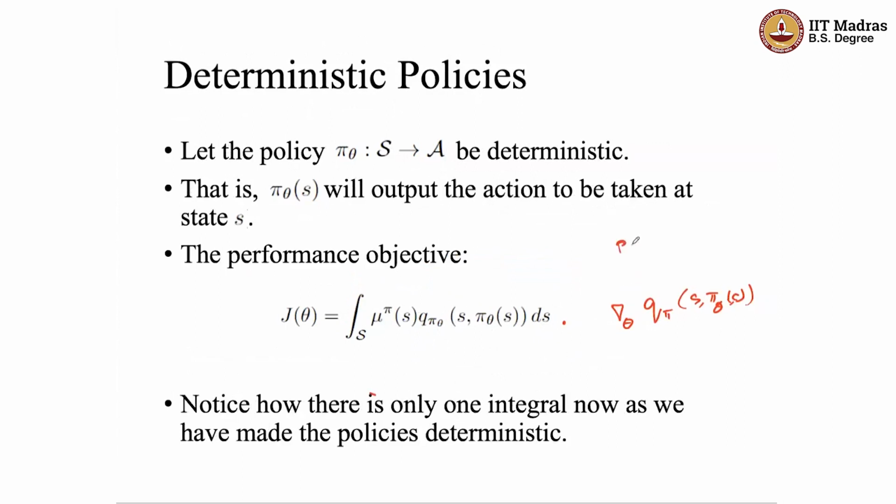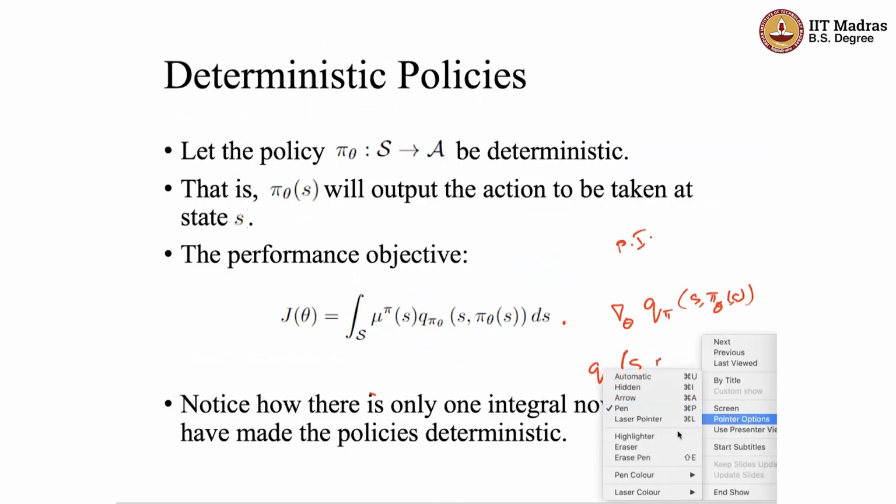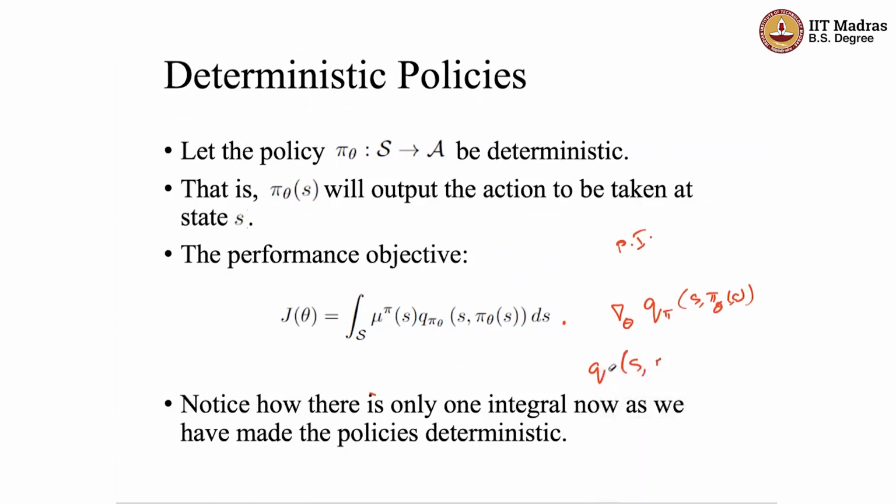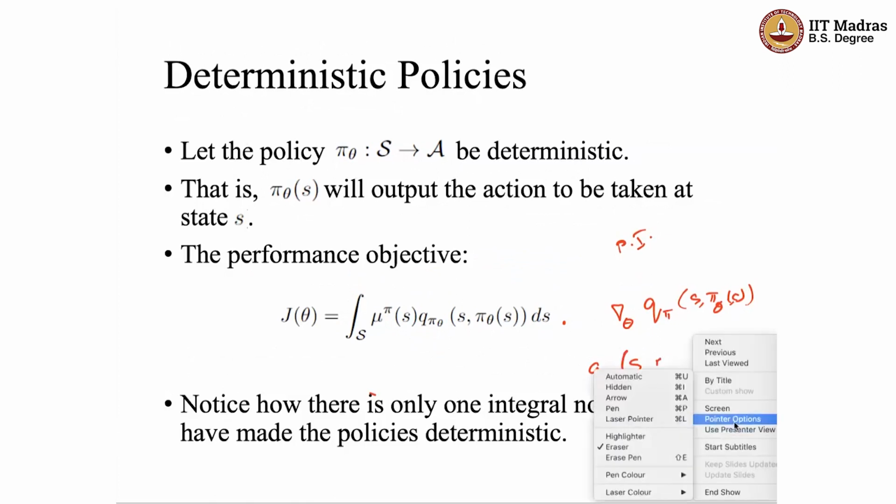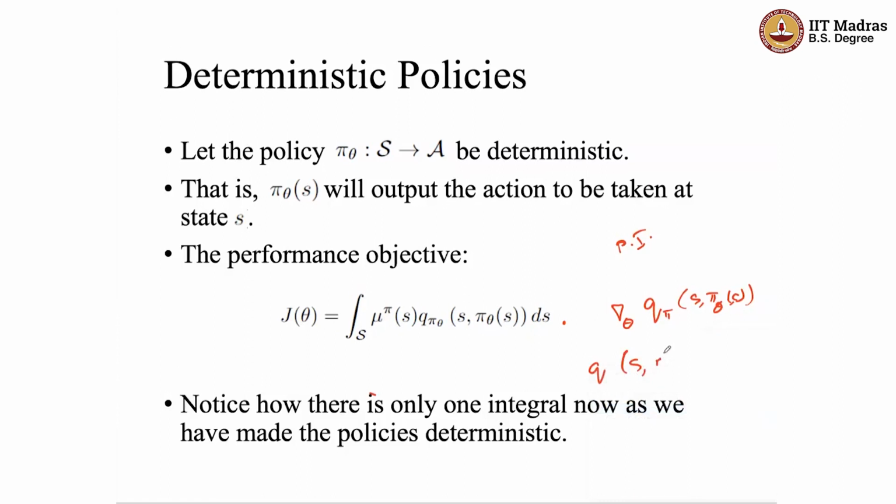Think of what the policy improvement step would have been: I have some q function approximation, q of s comma a, and I take the max over a.